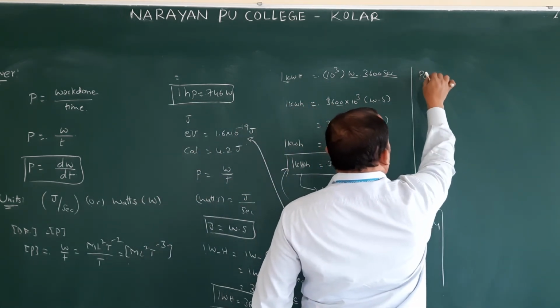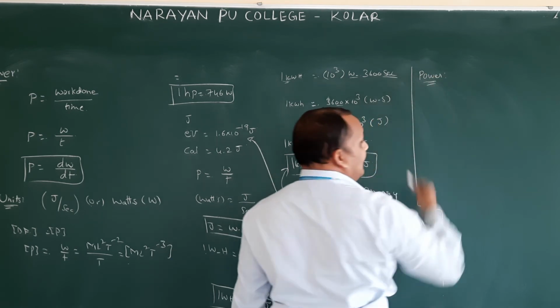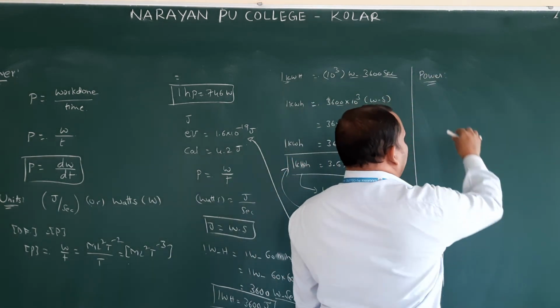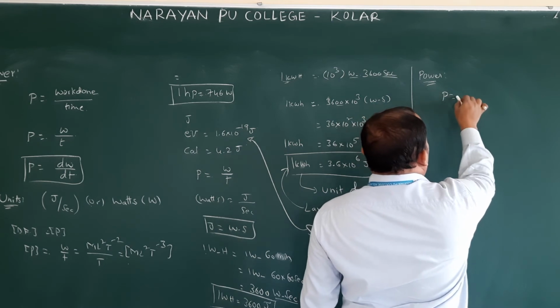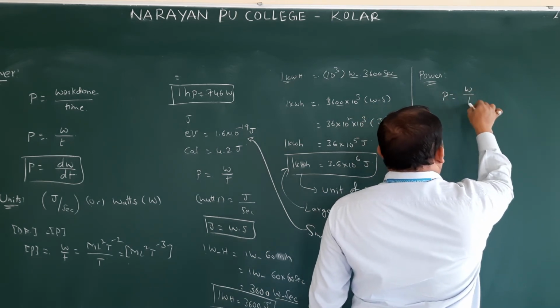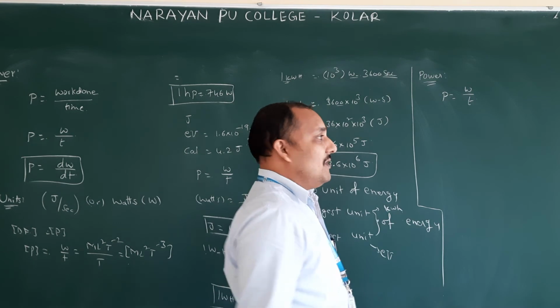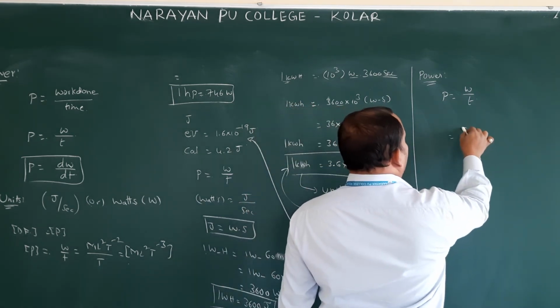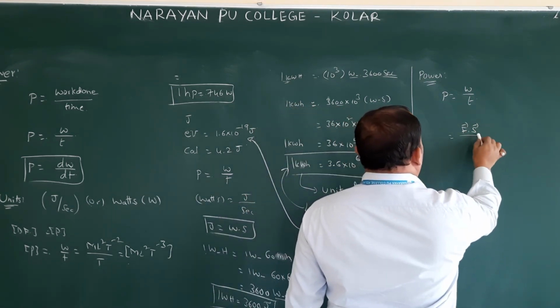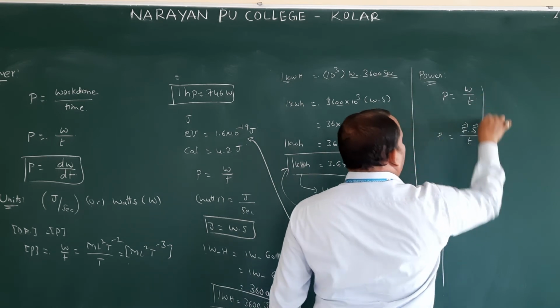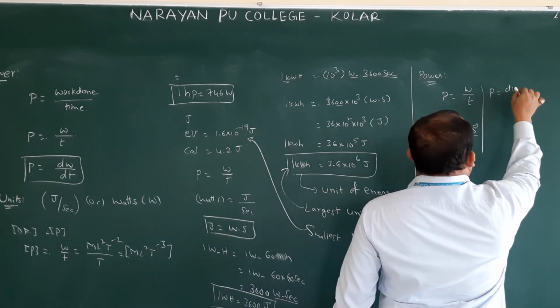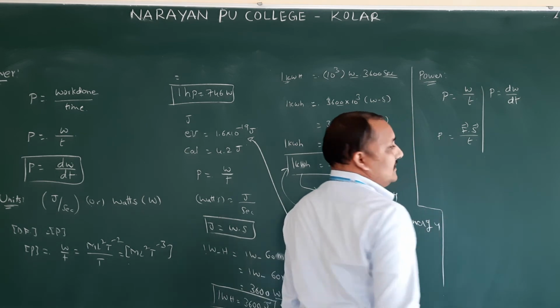Next, power in terms of velocity. How you will get it: we came to know the power definition. Power is equal to work done by time. Now what is the work done equation? Work done equation is F bar dot S bar. You can derive this one in two ways. dW by dt.